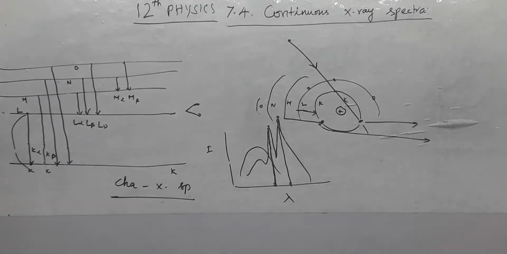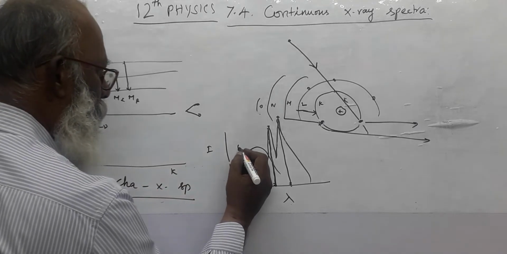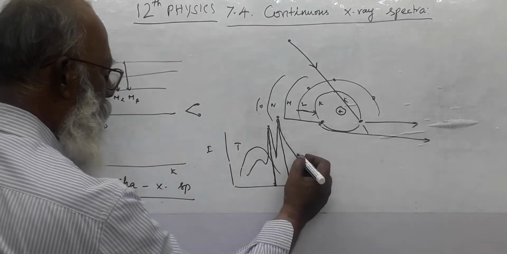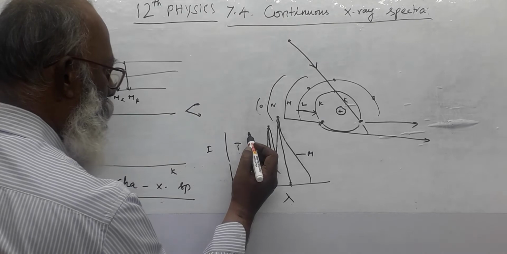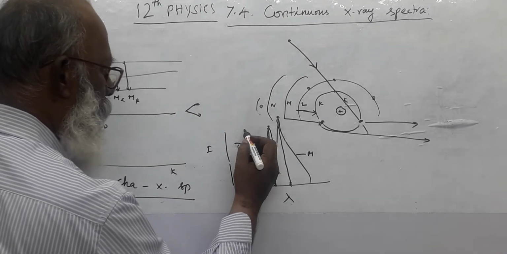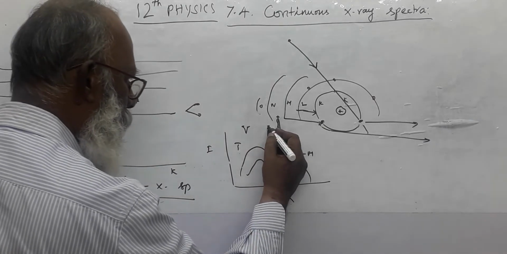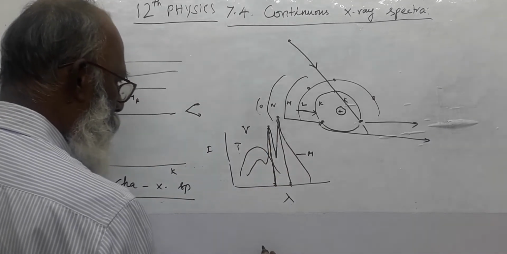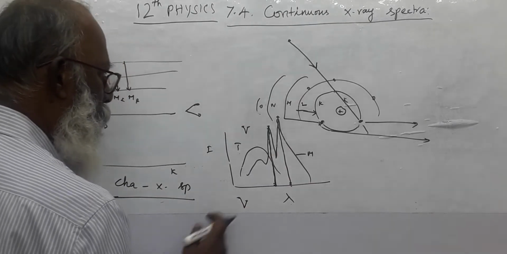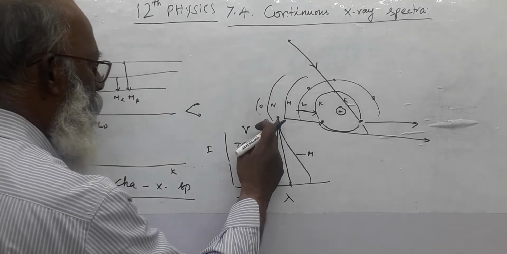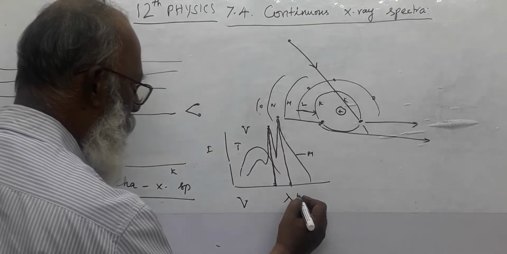Now, this is called tungsten. Already in the last class I explained. This is called molybdenum. At some potential voltage, the peaks indicate that there is no change in V. We are not changing V, even though we are getting peaks above the continuous curve. This happened only in the K orbit.